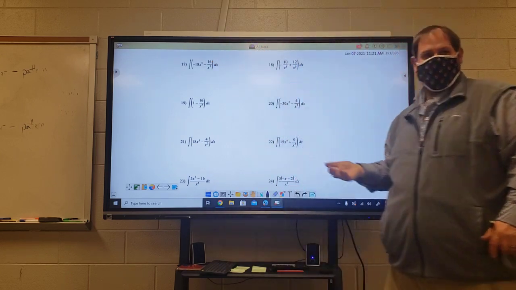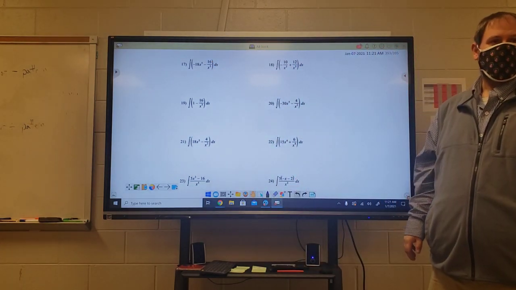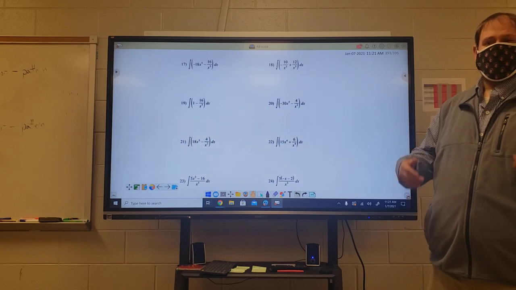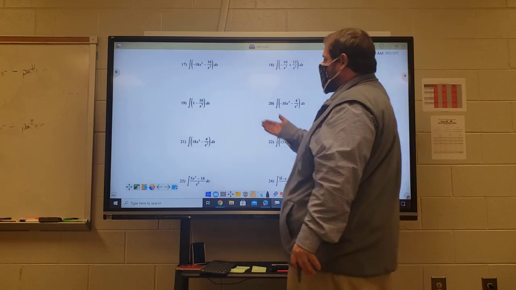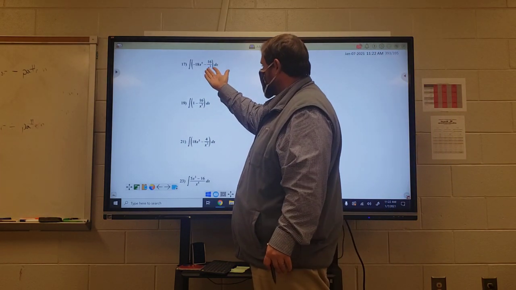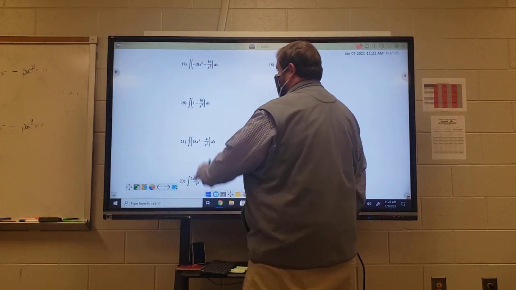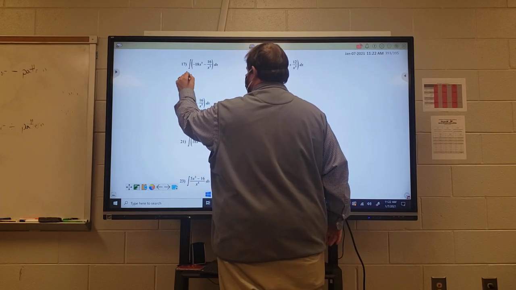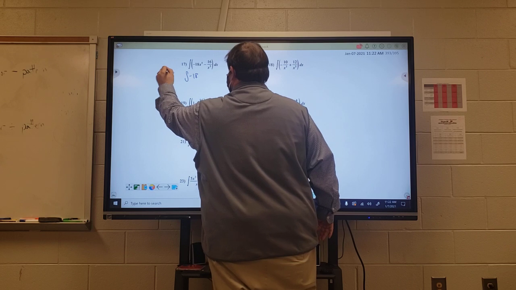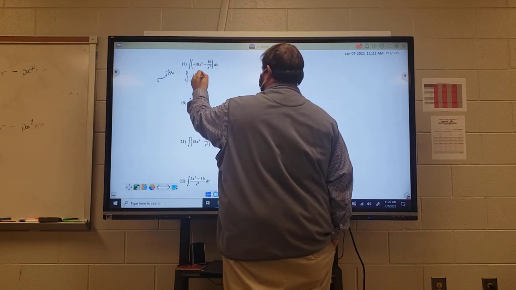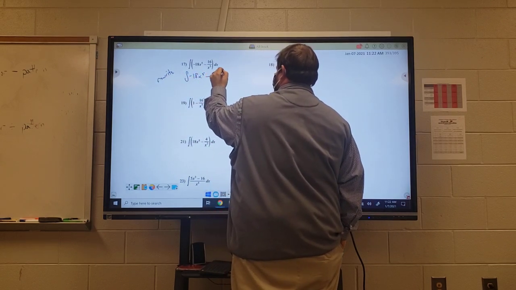We need to rewrite that so that we can use the power rule, right? So the previous problems that we just did had negative exponents. So what I want to do is rewrite this particular problem where 16 over x to the 5th has a negative exponent before I do the antiderivative. All right, so we're going to rewrite negative 18x to the 5th minus 16x to the negative 5th.